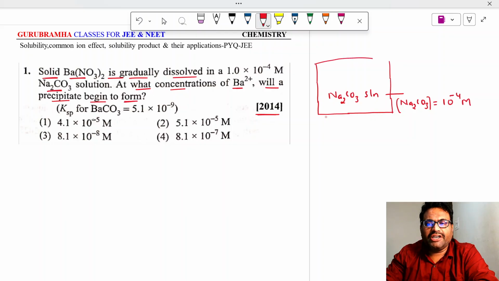Into the solution, what are you adding gradually, slowly?